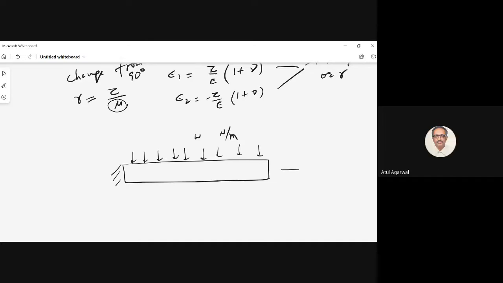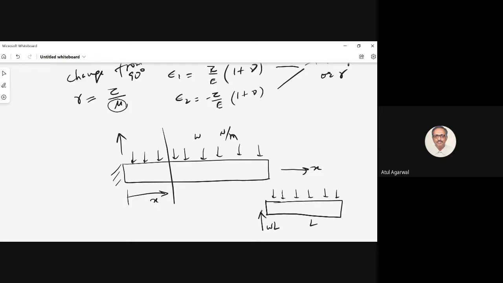So now I'll tell you how to find the shear force and bending moment diagram for this. You take a section at a position X. First, we can find our reactions. That is the first thing to do. This length is L. So the reaction here has to be W into L to balance the vertical force.